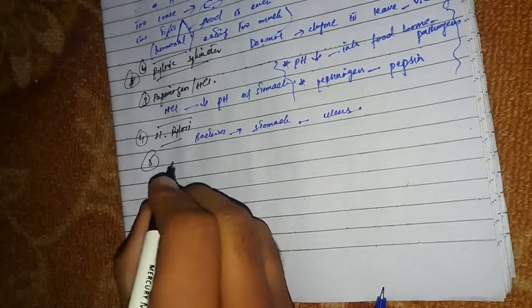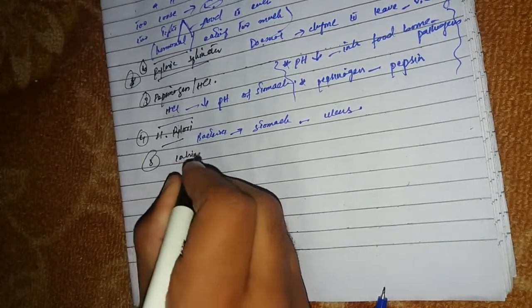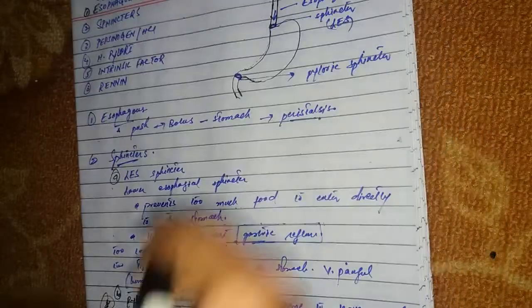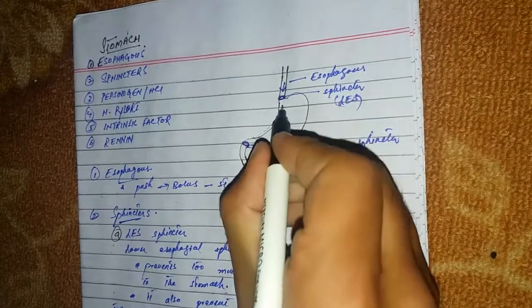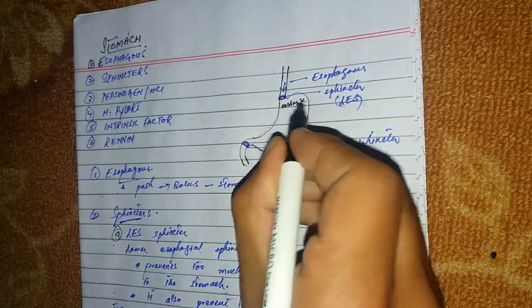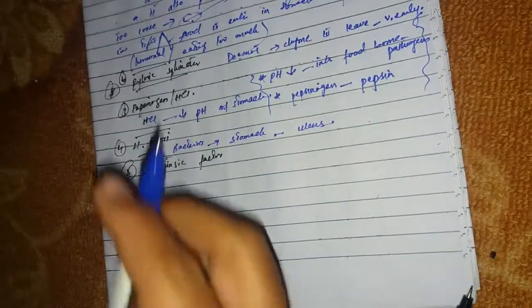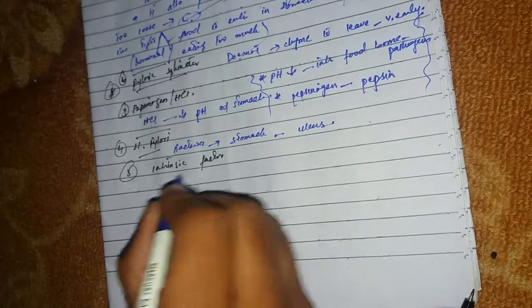Now we're moving towards our fifth point, that is intrinsic factor. Intrinsic factors are released from inside of the stomach. These are very important. Why?